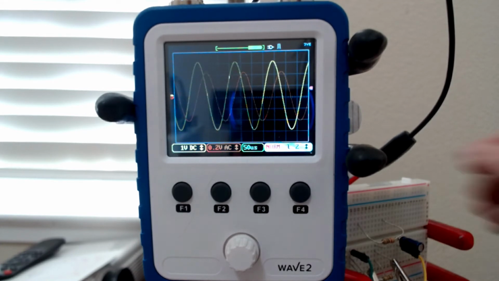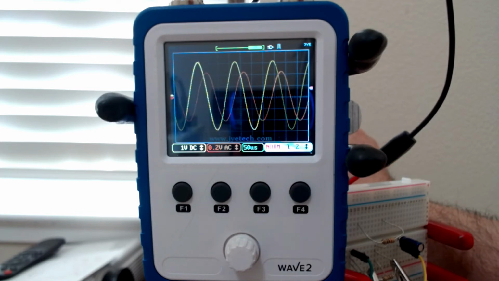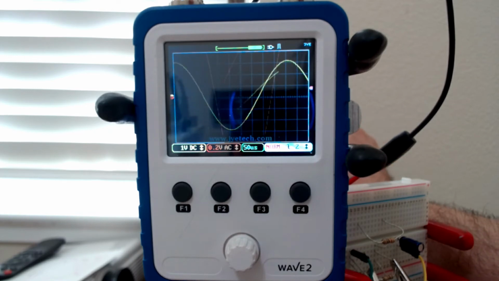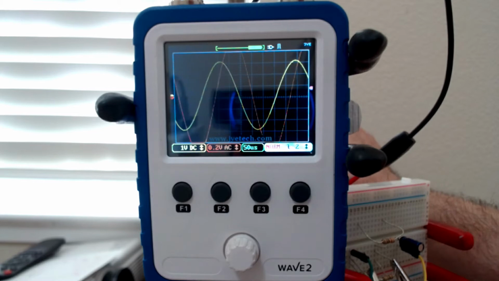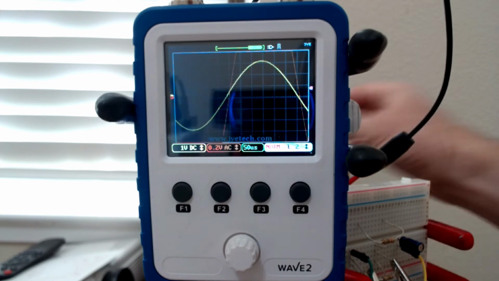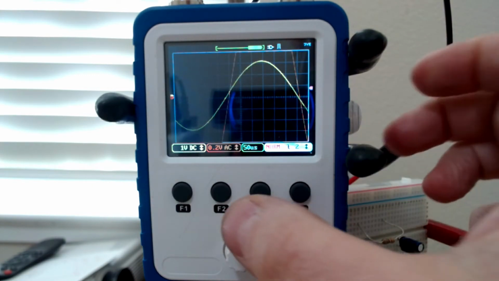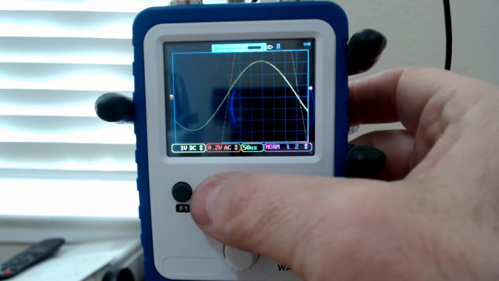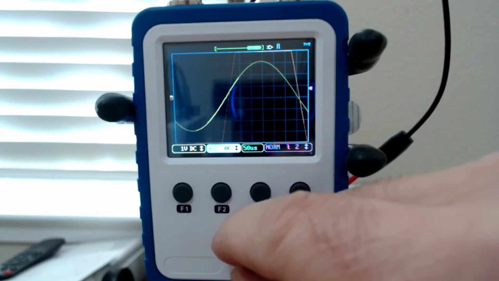Now I'm going to decrease the frequency. I'm actually going to set it to about 1600 hertz. And let me set, that voltage is too big.